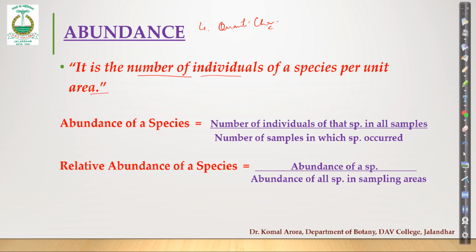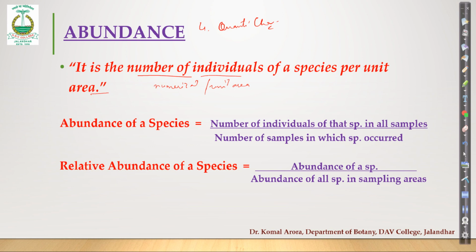Now just recall the definition of density. That was the numerical strength per unit area. And this is also the number of individuals of a species per unit area. So both these terms must be related. Yes, they are related. In the calculation part, we will define the difference between the two.